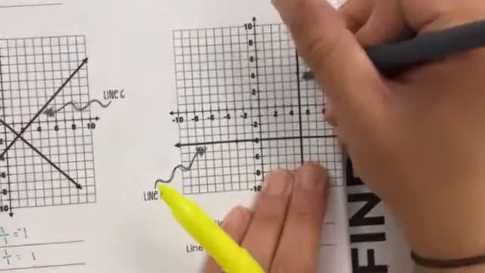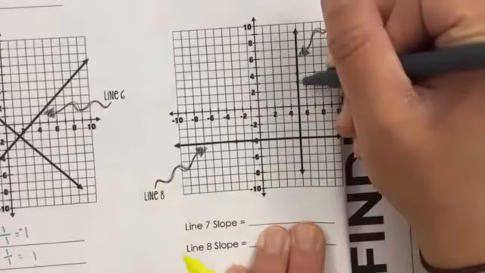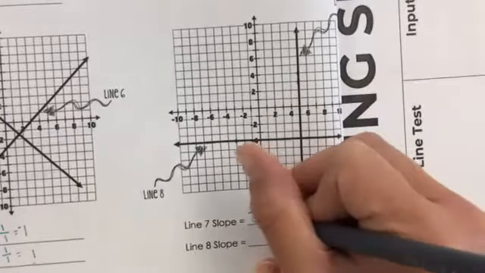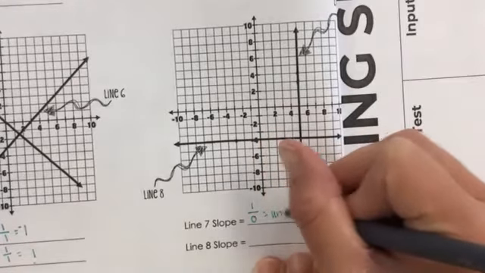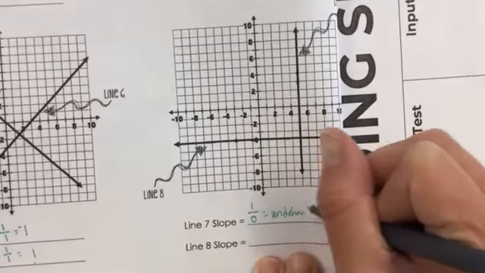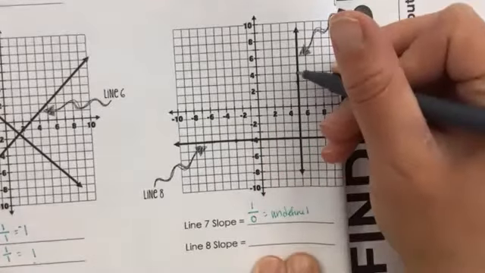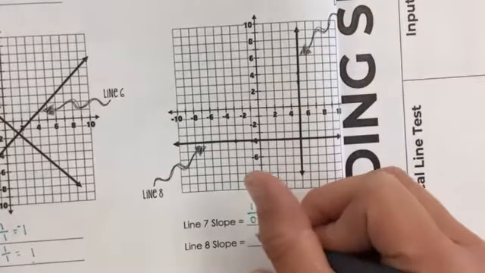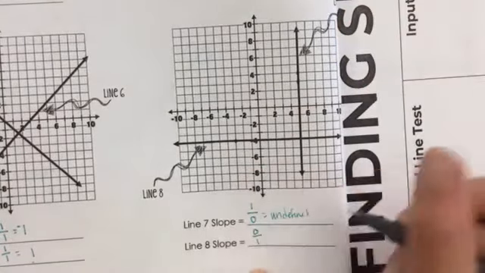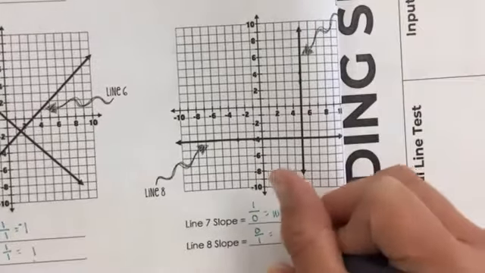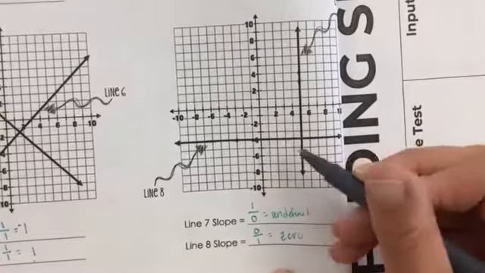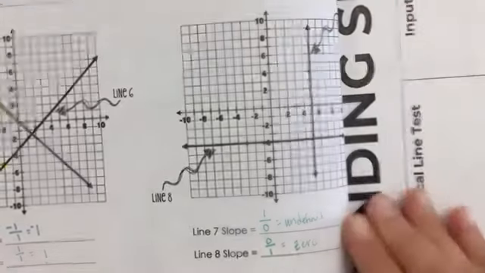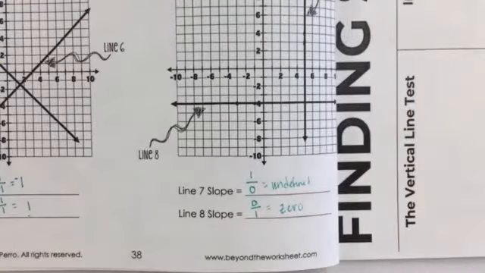If you did point to point, the rise would be 1 and the run would be 0. So this is undefined, because you would go up 1, but not over at all. And then the other one, you would go up 0 over 1, which would just be 0. That's technically how you could think of it, but you guys are going to just have those in your memory.